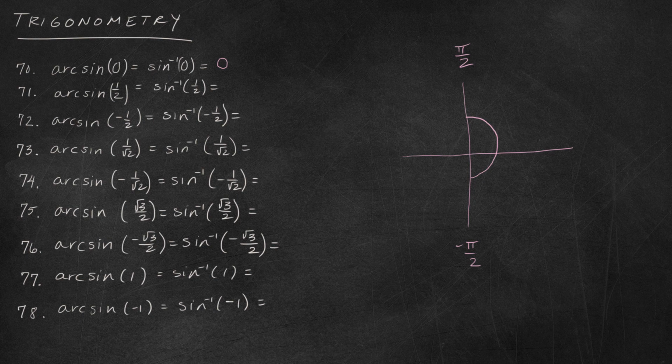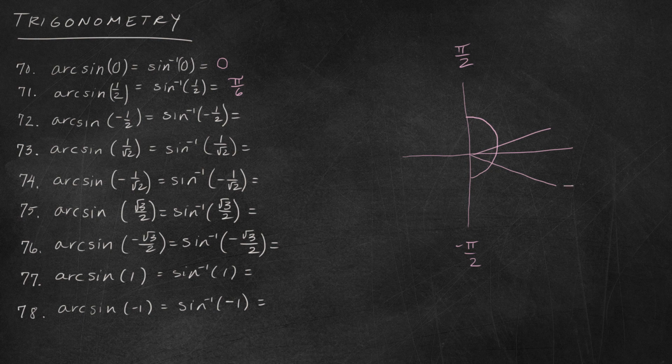Number 71, arc sine of 1/2. So the sine of what angle equals 1/2? Well, pi over 6. Pi over 6 is here, so that is in the range of my arc sine function. Arc sine of -1/2. The sine of what angle equals -1/2? Okay, that's going to be this angle right here, which we could think of as 11 pi over 6, but 11 pi over 6 is larger than pi over 2, so it's not in the range of arc sine.